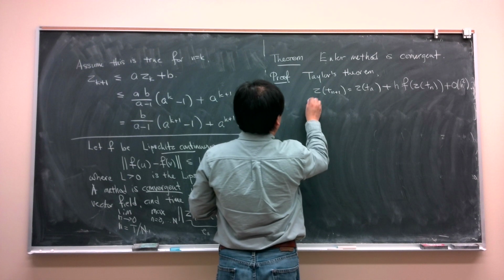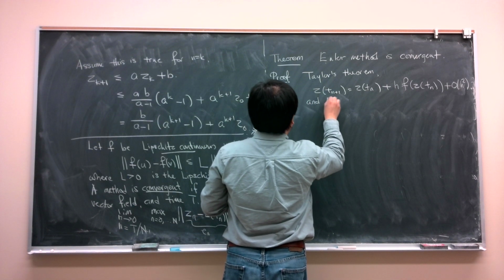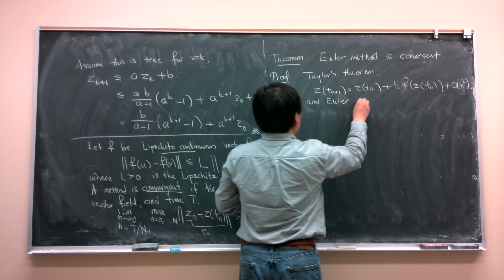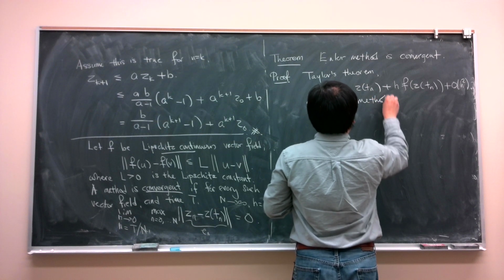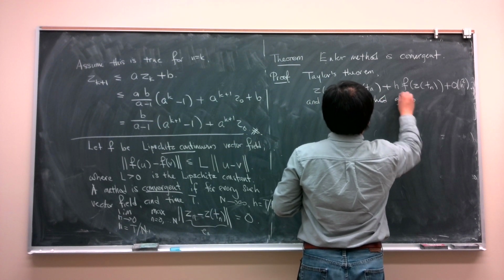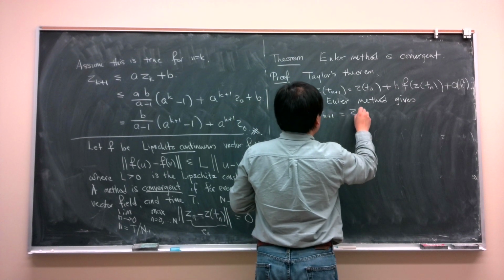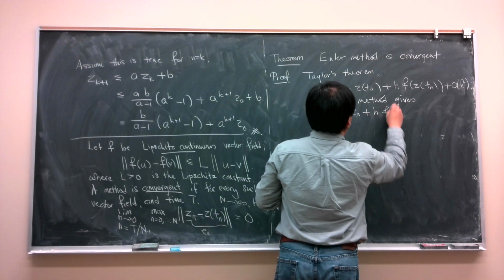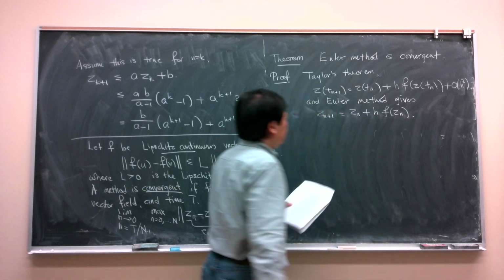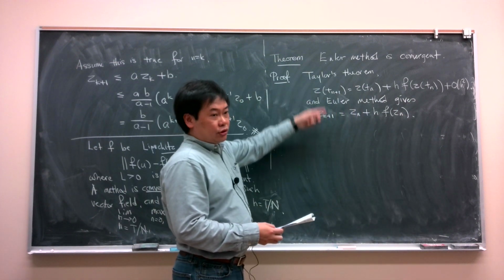And you know that Euler's method gives this kind of update, that Zn plus 1 is equal to Zn plus h f at Zn. Okay, so those are the things you're going to be asked to compare.